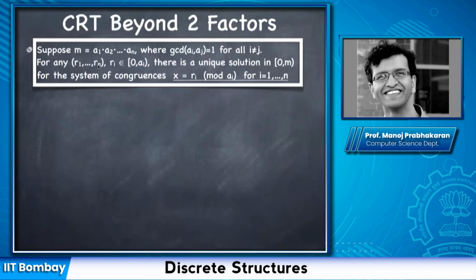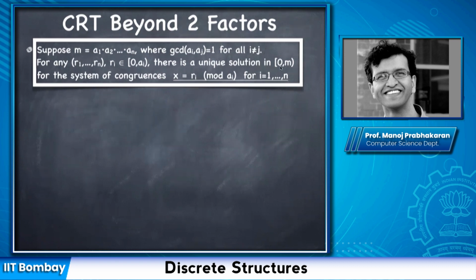You give me any r1 to rn, each ri in the range 0 to ai, then there is a unique solution for this system, that x is congruent to ri modulo ai for all i equal to 1 to n, and this solution is unique among numbers in the range 0 to M minus 1.